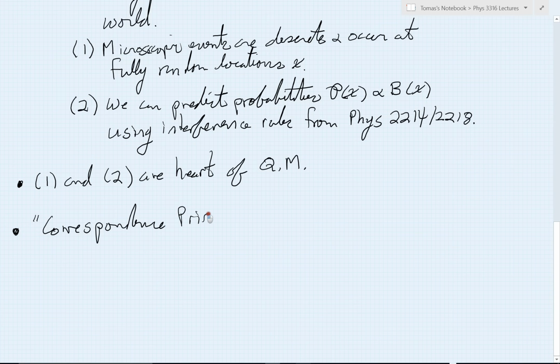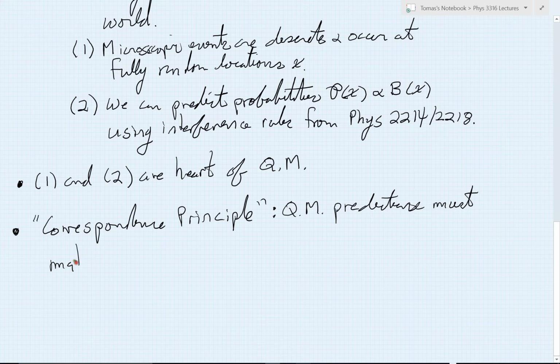Correspondence principle. And what the correspondence principle says is that the quantum mechanic predictions, QM predictions, must match the so-called classical predictions.